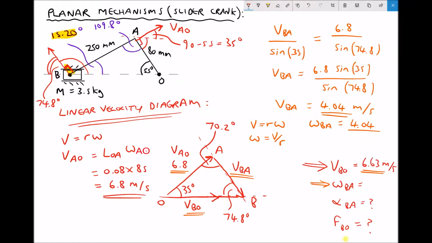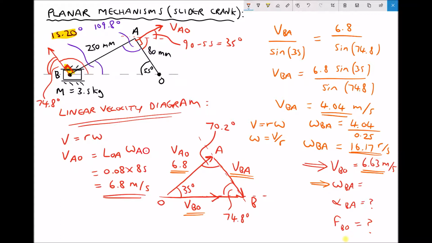It's 250 millimetres. But we need to make sure we work in metres because we want our final answer in SI units. So we have 0.25 metres, giving us a value of omega BA equal to 16.17, and this is in radians per second because it's an angular velocity.